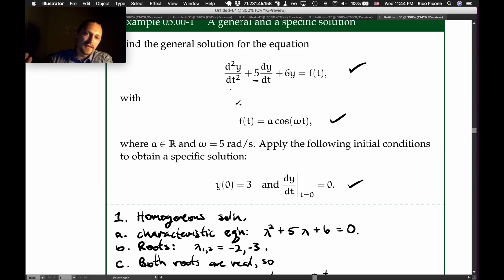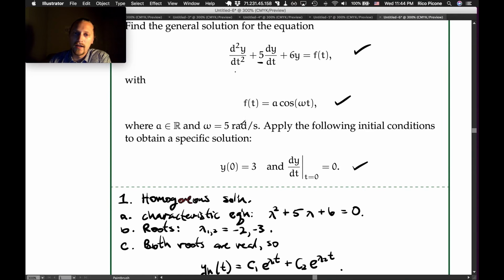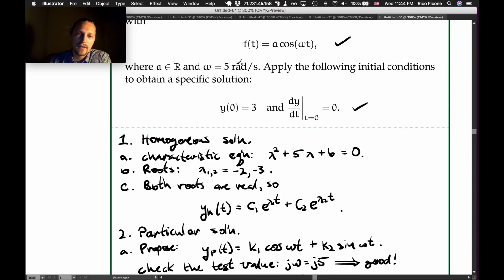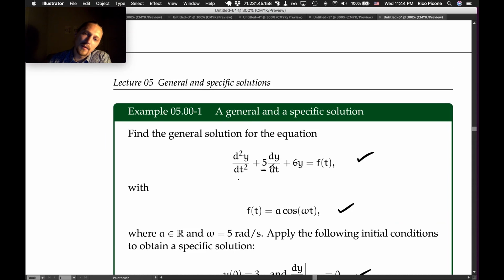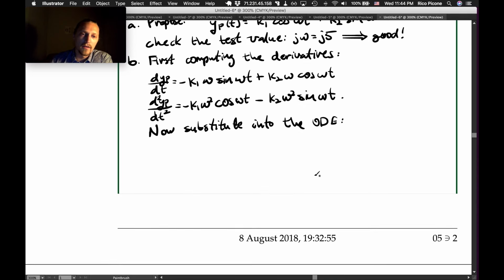If you do the constant, which you'll do in the homework, the exercises, it's much easier. So the sinusoid's harder, so I thought I would do that. So the second derivative is first, and then we have 5 times the first derivative plus 6 times just the particular solution equals f. So let's do the cosine terms first.